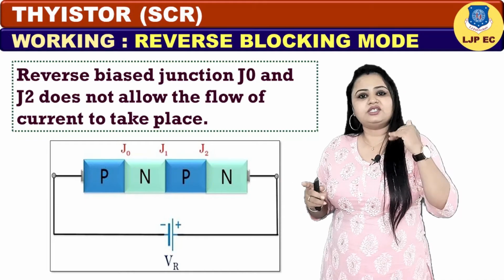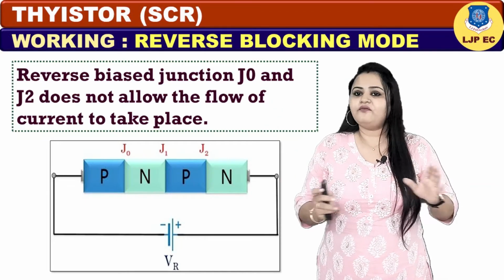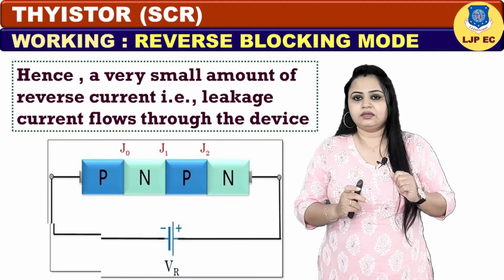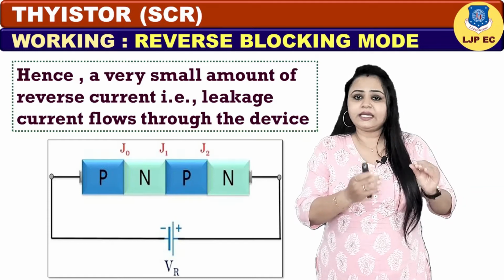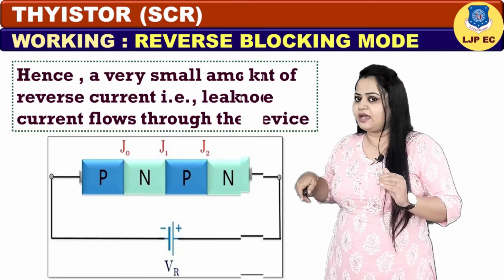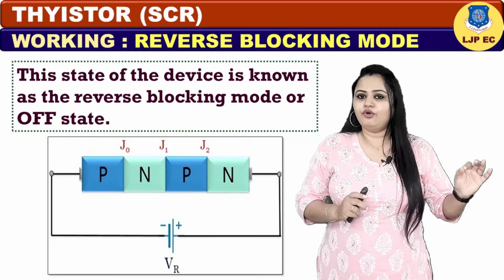So, reverse biased junction J0 and J2 do not allow flow of current to take place. Hence, a very small amount of reverse current, that is leakage current, flows through the device. This state of device is known as reverse blocking mode or off state.